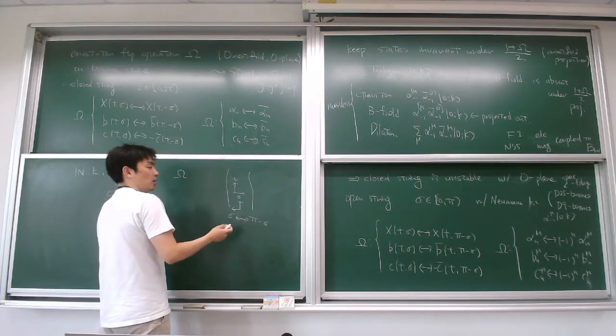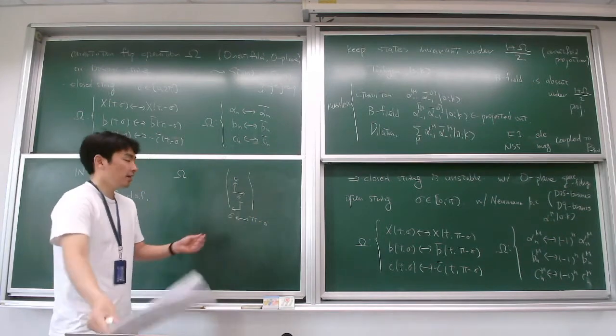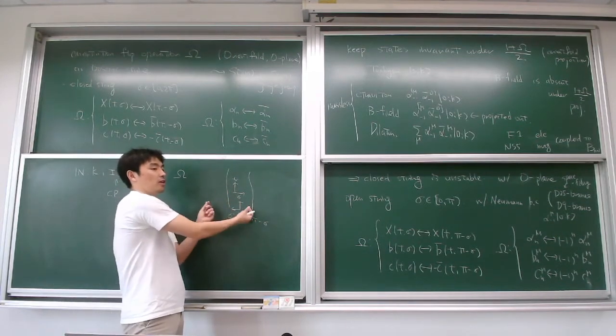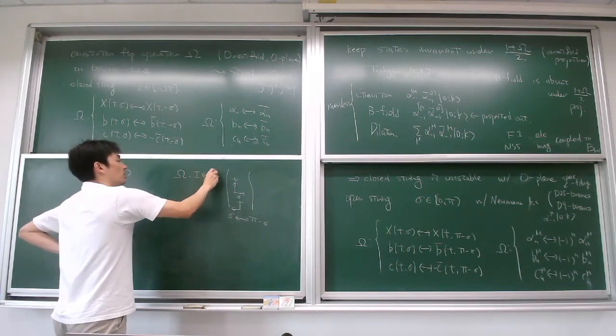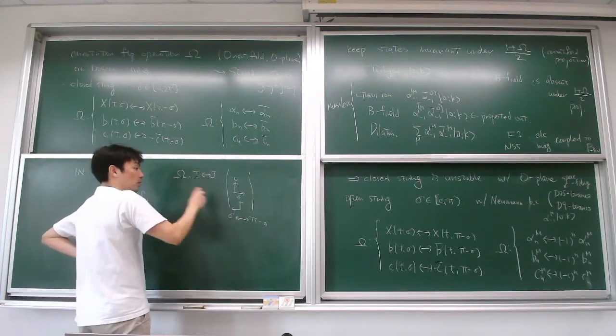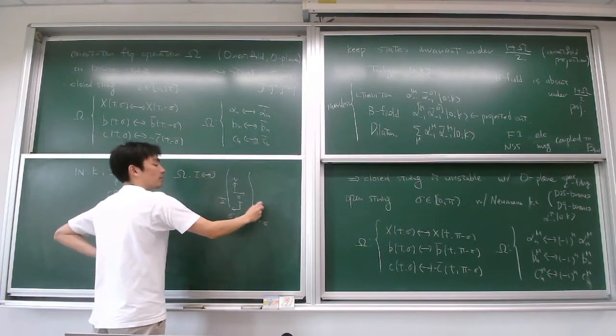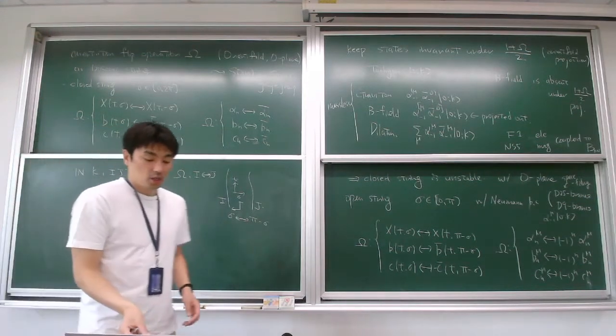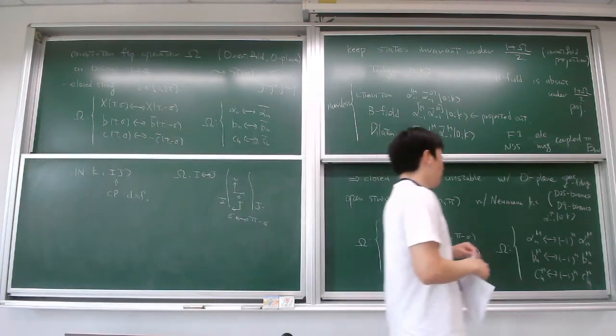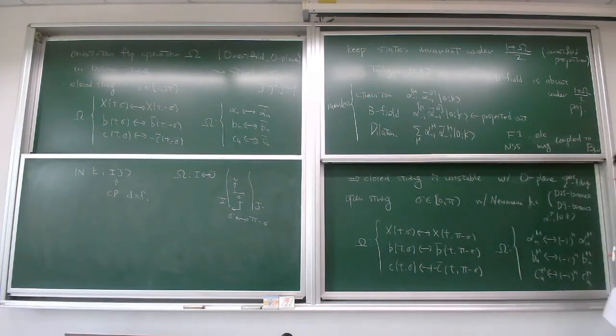Therefore, the n is reversed, and omega swaps i and j. The Chan-Paton degrees of freedom come from one end and the other end, i and j. So i and j are swapped, and you want to incorporate that.